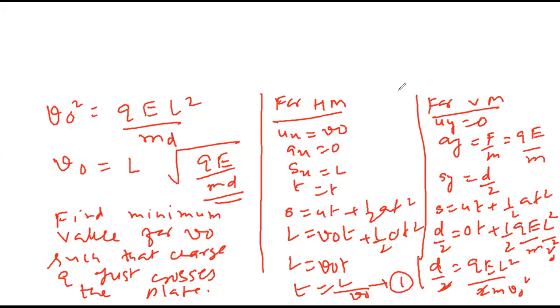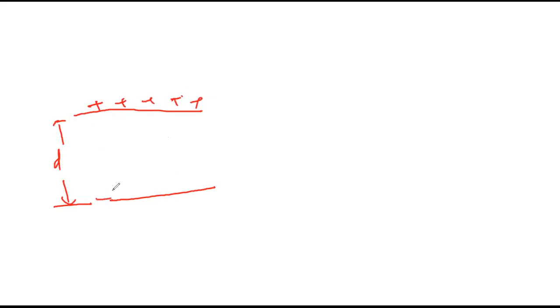Same background, one more, not traveling horizontally and vertically but inclined. This is gravity free space, with distance d. The upper plate is charged positive, the lower plate is charged negative. A charge q is moving with velocity u at an angle of 37 degrees.